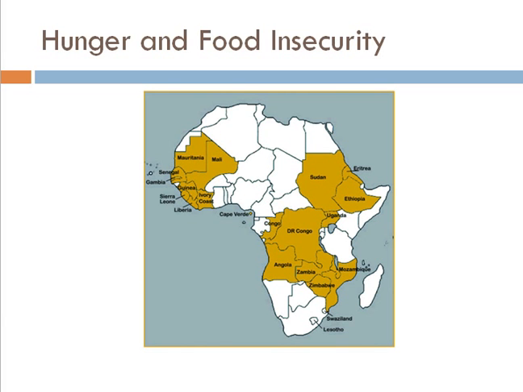We'll be looking at a lot of maps during the term, and here is a map showing hunger and food insecurity in the continent of Africa. The darker colors are areas where there's a higher than expected rate of hunger and food insecurity.